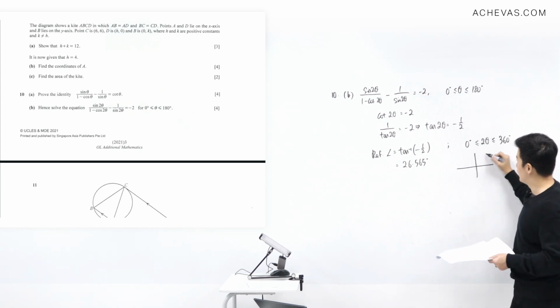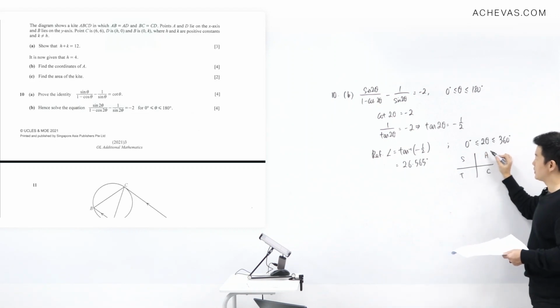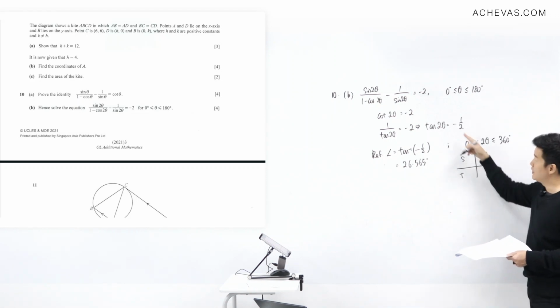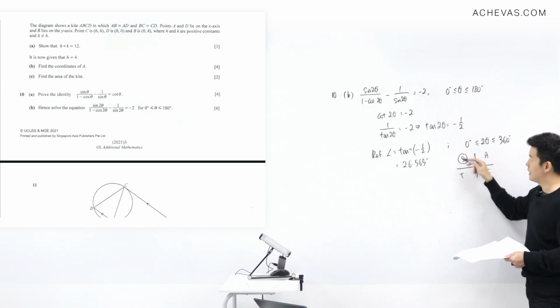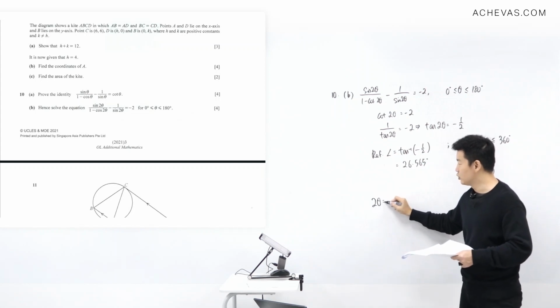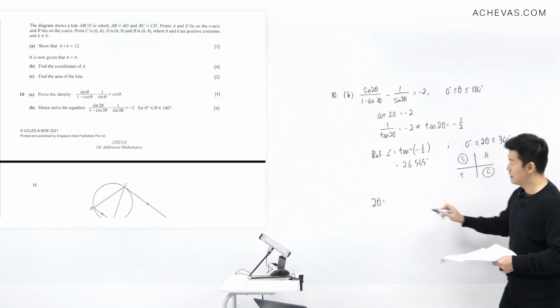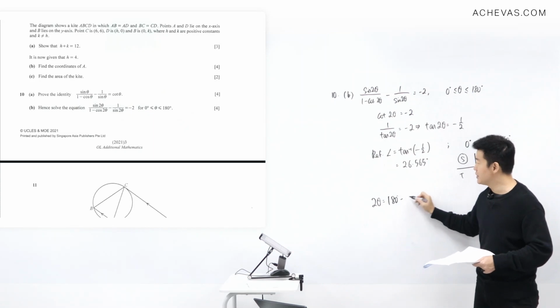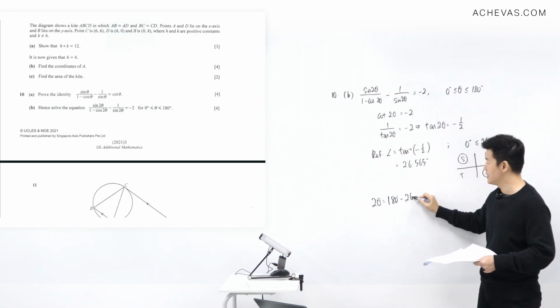If I go by the ASTC rule, tangent is positive in the first and third quadrants, which means that for this particular question, we'll be expecting the angle to be in the second quadrant or the fourth quadrant. So let us write it down. 2 theta, if in the second quadrant, is going to be 180 degrees minus the reference angle, 26.565 degrees.